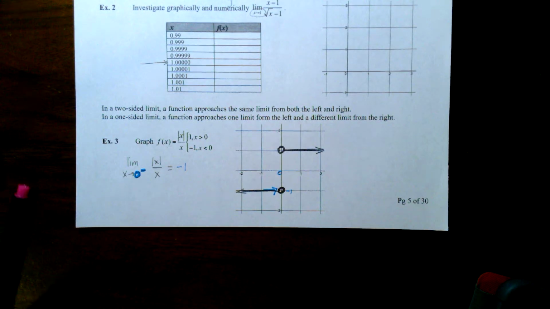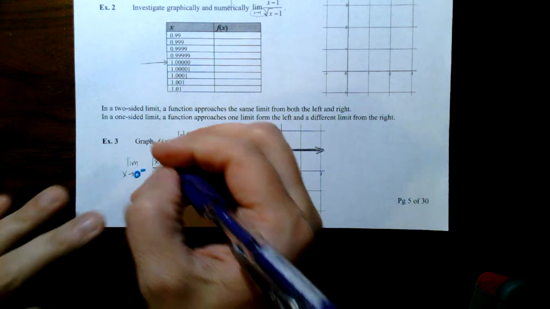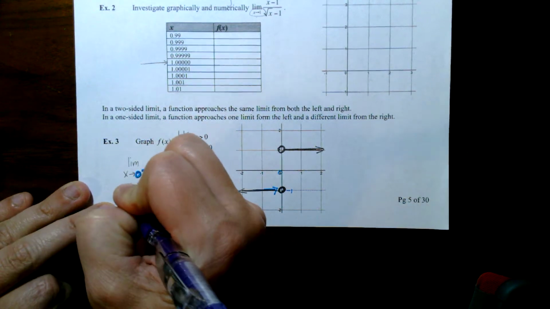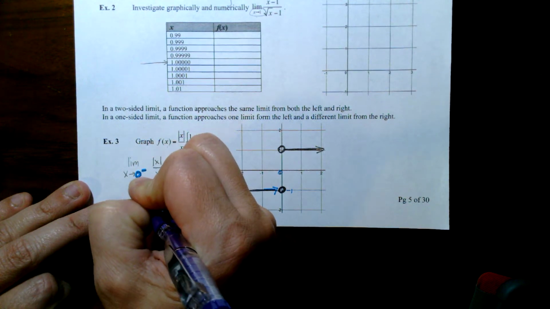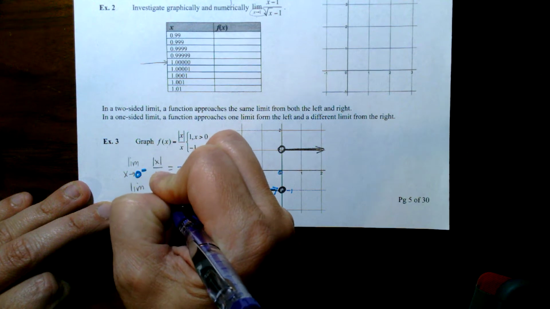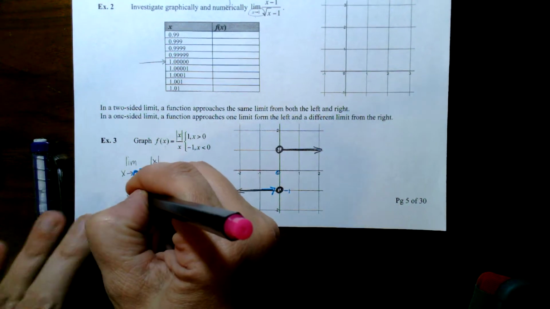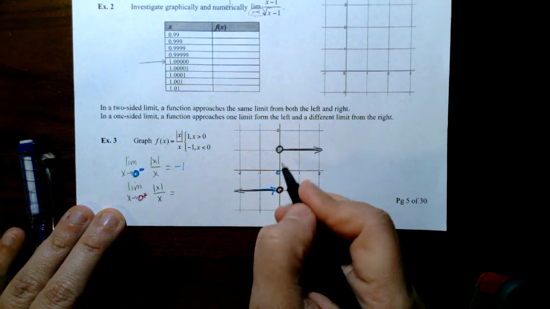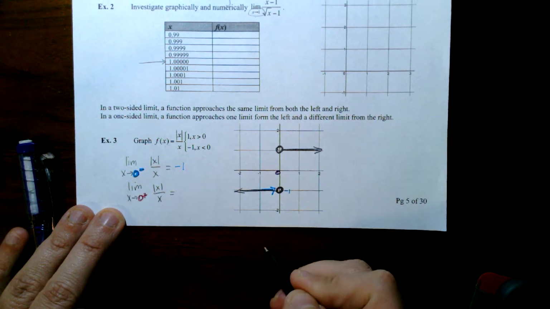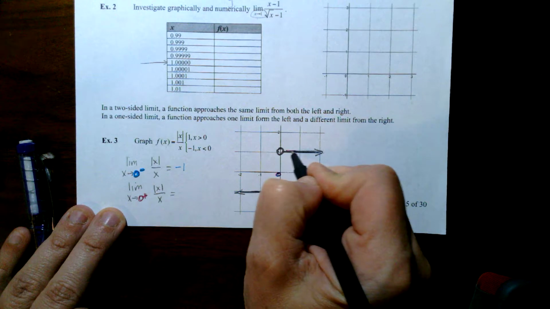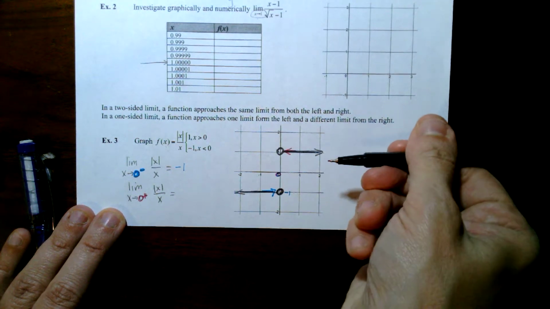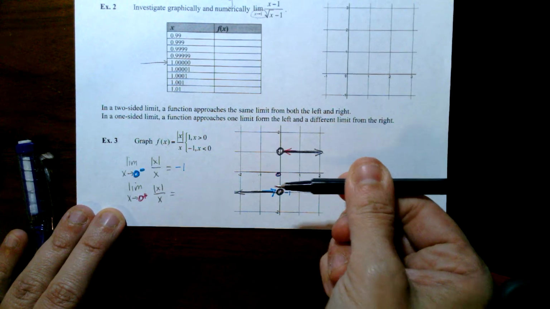But now if I have to define what happens when I want to talk about the limit as x approaches 0 from the right of the absolute value of x over x. So 0 from the right. Here is 0 again, but now I'm talking about this part of the graph because I'm approaching from the right side.